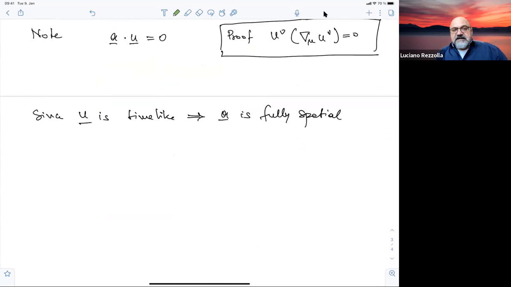The reason is that with these two tensors, A and U, we can essentially build everything we need to know about the kinematics of a fluid. If you spend 1 minute thinking about this concept, this is remarkable. We can say everything about a fluid, how it behaves, how it rotates, how it changes shape, how it expands and contracts, only in terms of these two vectors.